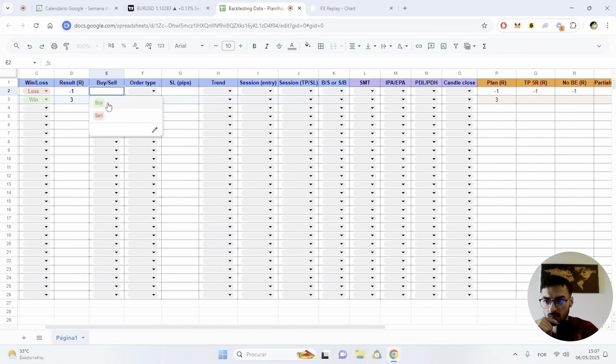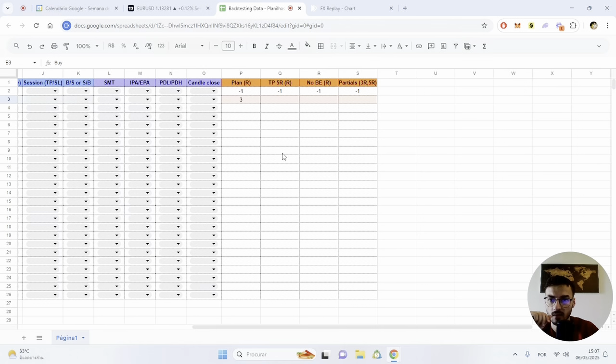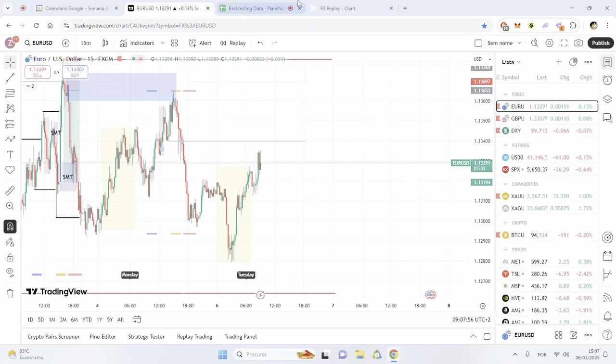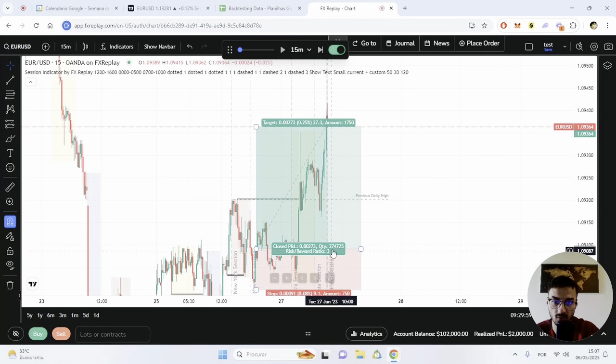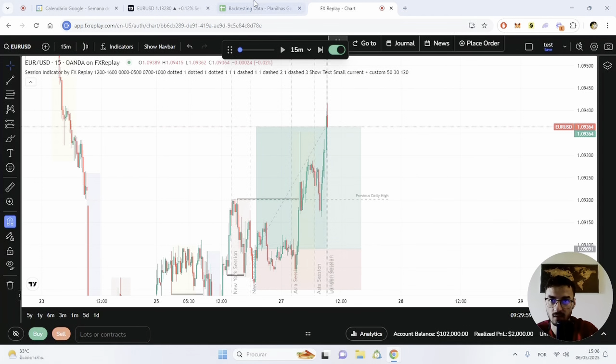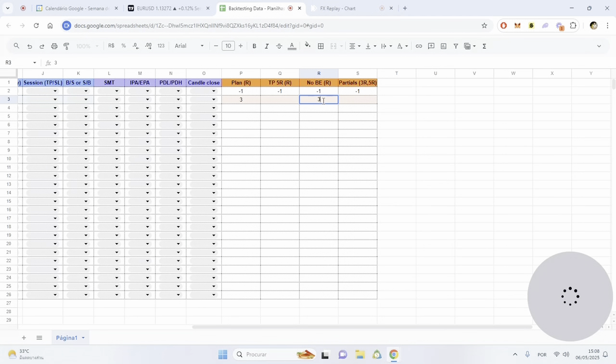This was a buy. This was a buy if you want to look at it later. This was a 3R, right? No break even. The price wouldn't tag this out at break even anyways. All right, so it was a 3R as well.